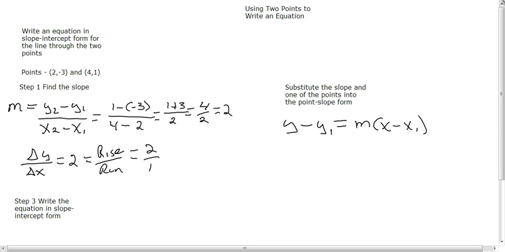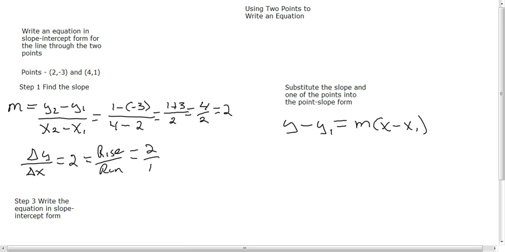Now here where it can get a little tricky is, as long as you're attentive in what you're doing and not mixing up the ordered pairs, you're fine. If you're going to use either one of the ordered pairs, you don't want to mix them. You don't want to substitute a 2 into 1 or a -3 into 4. You want to make sure you keep the same set when you substitute.